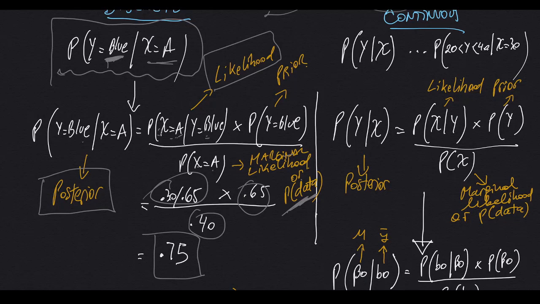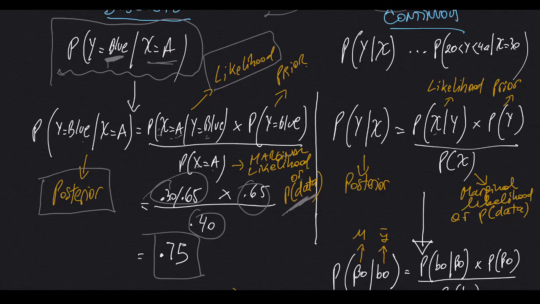So look at the continuous example. I use the probability of y given x, which is a shortcut for the probability of observing any value of the variable y, given that I observe a specific value of x. And that's given by this theorem.